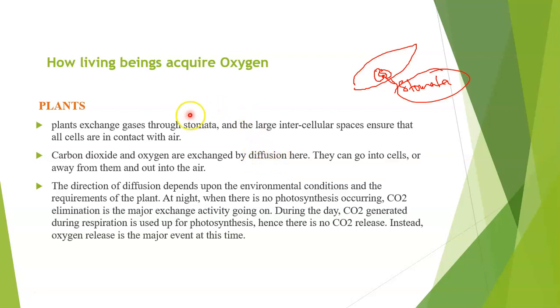Okay, and the plants acquire oxygen or other gases with the help of stomata, and there will be intercellular spaces which ensure that all the cells are in direct contact with the air. Air के direct contact में हों, ये इनका ऐसा arrangement होता है plants में.